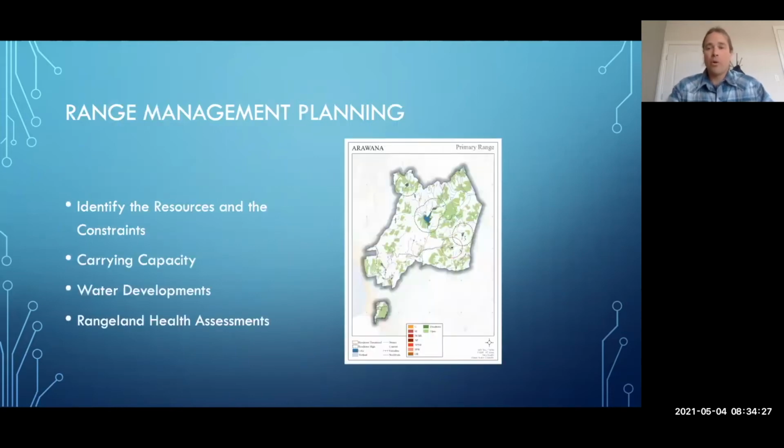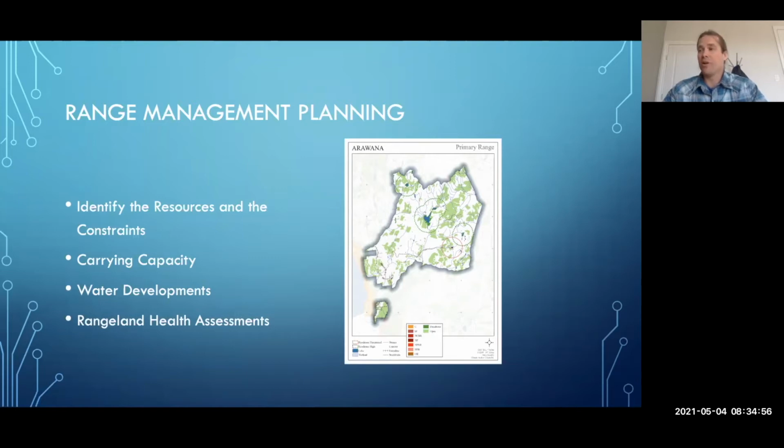When we're considering the things that go into range management planning, what we generally try to focus on are the constraints to livestock grazing on the landscape. So what is limiting the use of the landscape? If we just had a flat, level landscape of one type of forage and water in the center, we have very few limitations to grazing.